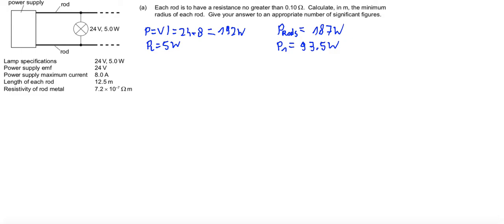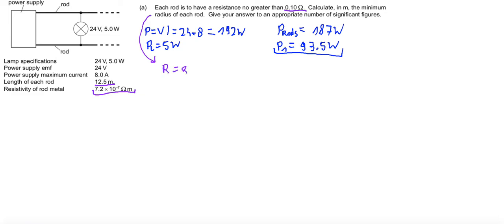Okay, so we know that, give your answer, calculate in meters the minimum radius of each. Oh, wow, sorry, you don't need to calculate this by power, sorry, because the resistance is given, length is given, resistivity is given. It will be needed in the next point. In the case of A, you can use the equation for resistance.